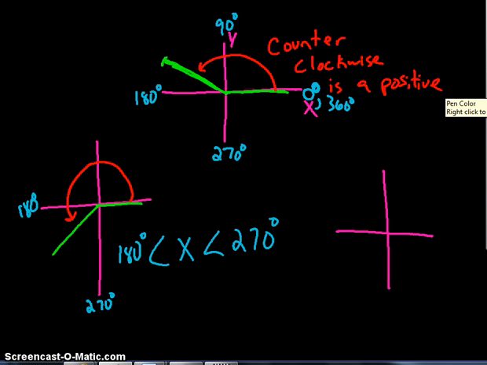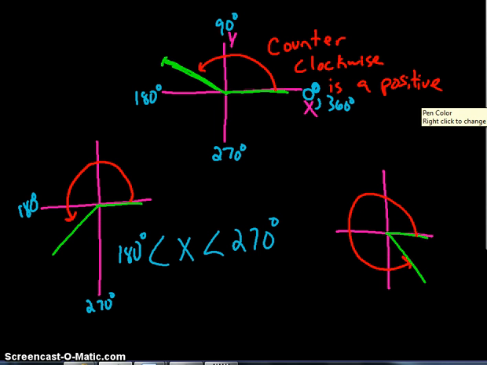For example, if I started with my initial side here and went all the way around and ended in this quadrant, now my terminal side is right here. That's a pretty big angle.